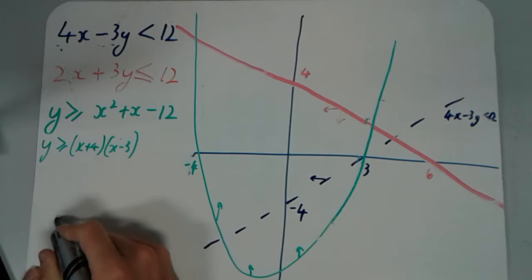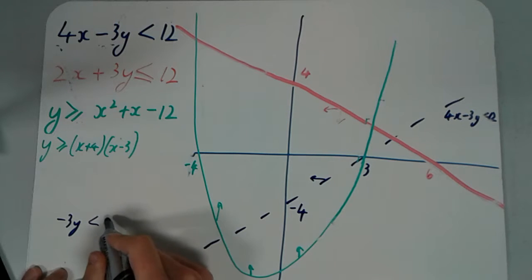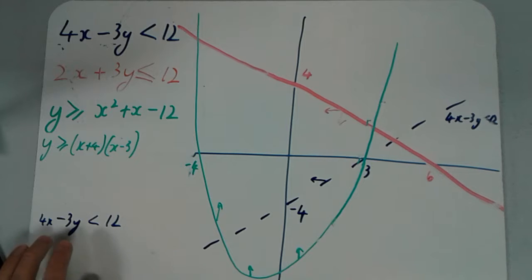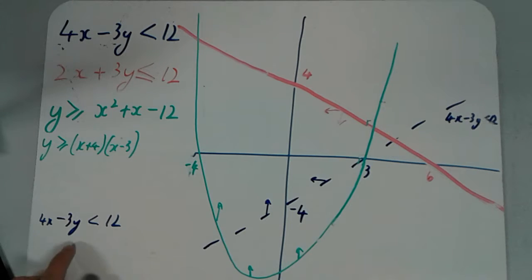So looking at that, that's telling us that negative 3y would have to be less than 12. Okay. If negative y is less than something, that means that we'll actually be looking at the region above the line. Remember, if we want it to be more negative, because it has a negative coefficient, we would need a positive y value.